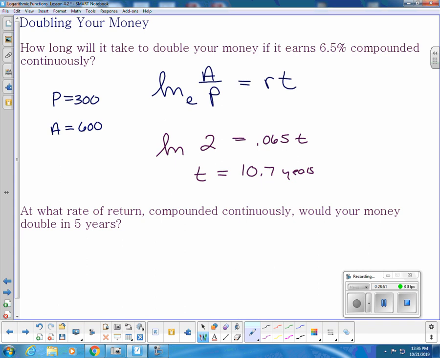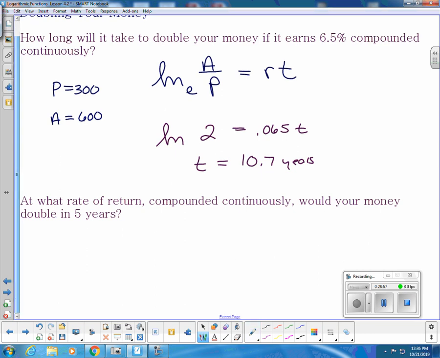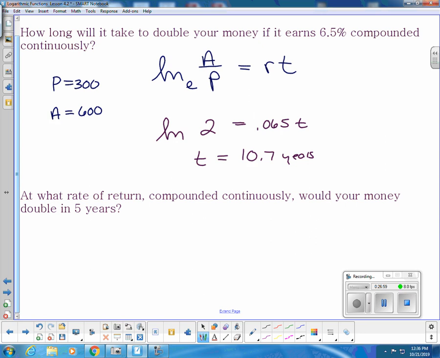So you got to make sure you close that parenthesis. So natural log of 2, close parenthesis, divided by. We do the natural log first. Yes. All right, here we go.